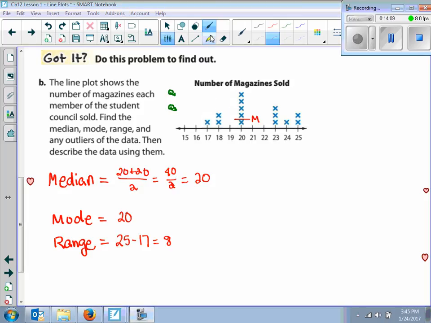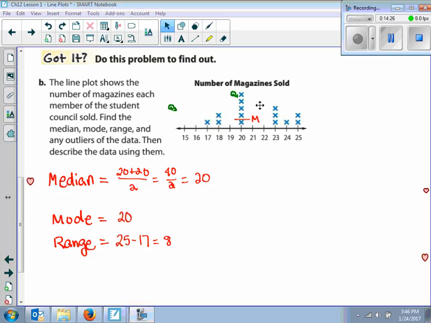So in order to get to the quartile 1, we're going to count 1, 2, 3, and then add 1. So there is your quartile 1, which is 20.